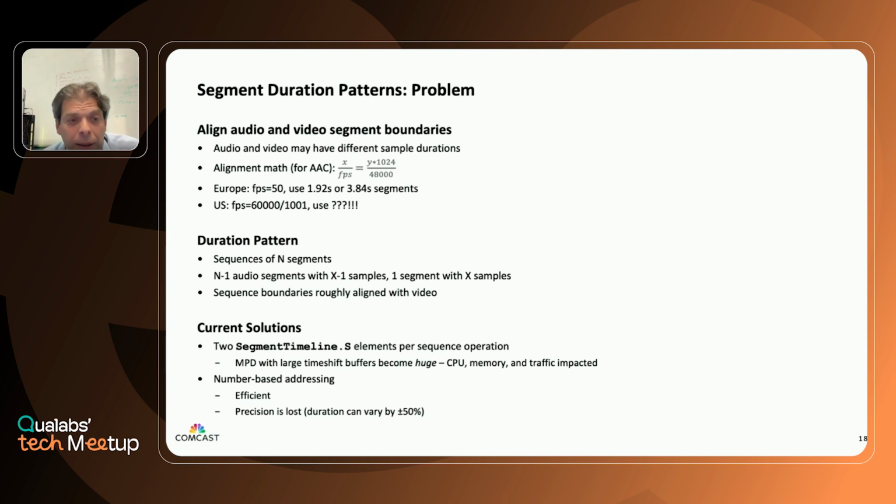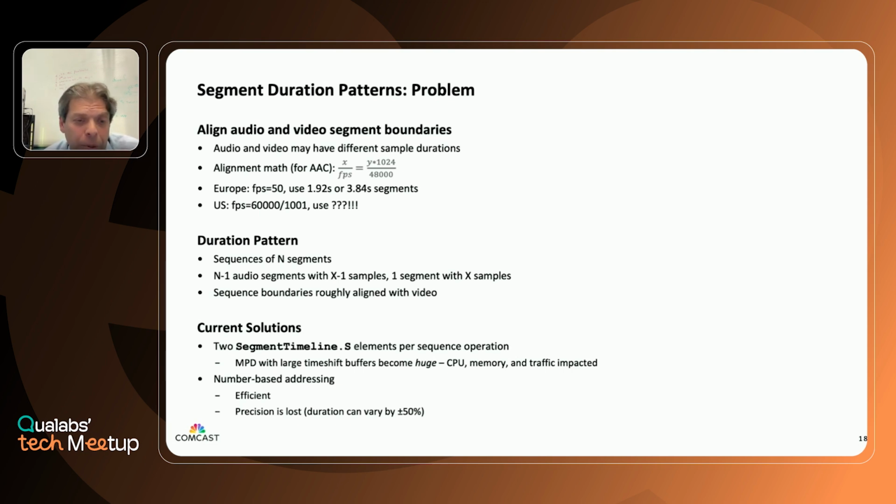And the idea is that the sequence boundaries are roughly aligned with video boundaries, and on average, this segment will be roughly aligned with video. The point is you want to make it very close, even if this does not ever match exactly.